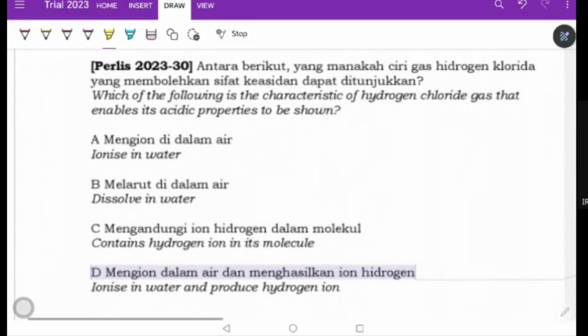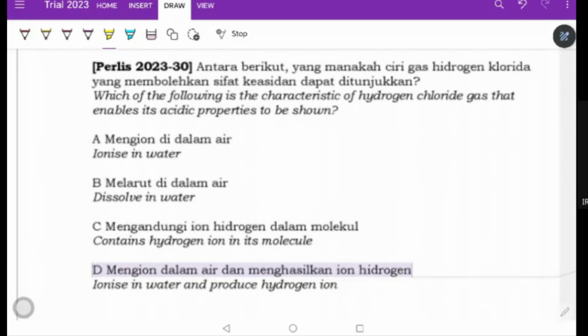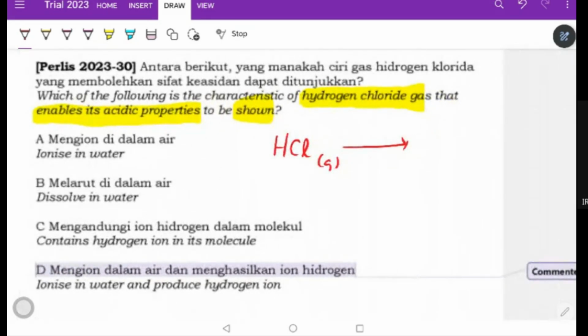Okay, now which of the following characters of hydrogen chloride gas enables its acidic properties to be shown? So how does hydrogen chloride in gas form show the acidic properties, class?